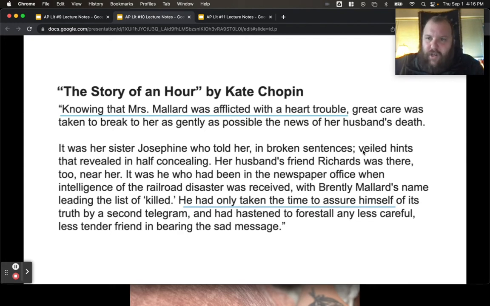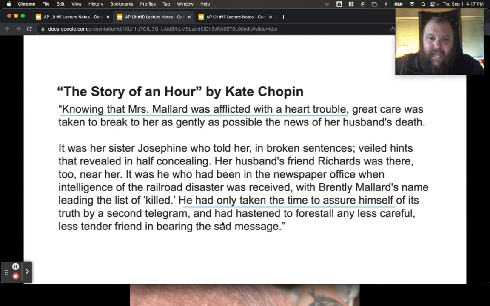We know she has a heart trouble, right? That in and of itself is a bummer. And now she's finding out that her husband's dead. This poor woman, right? And so it takes only a couple words into the story to start to feel a sympathy, a kind of closeness with her.